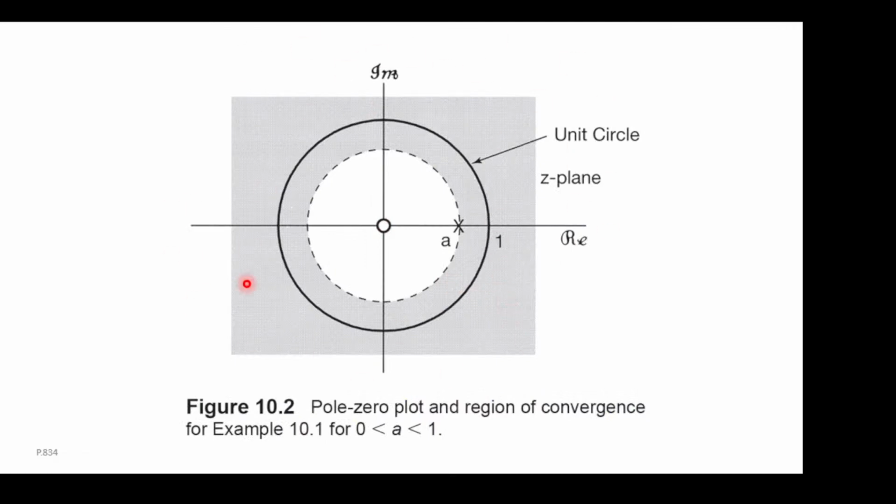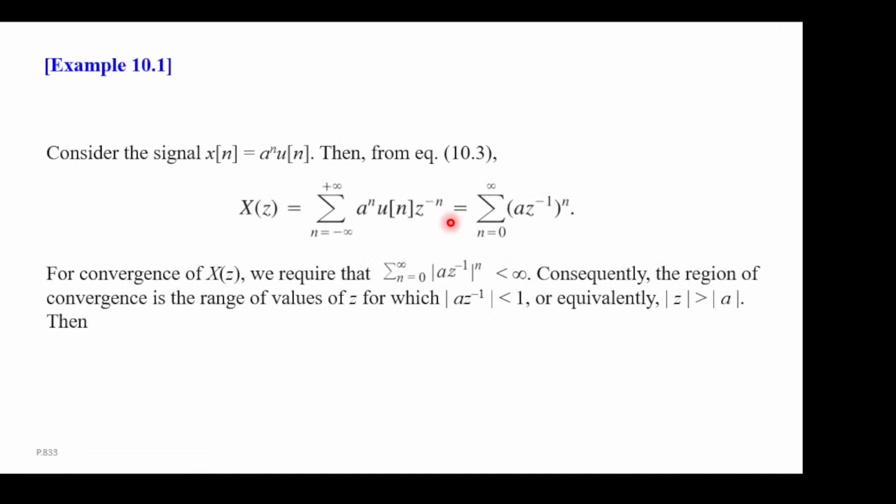So this is your pole-zero plot, and ROC, for very basic a to the n u of n.